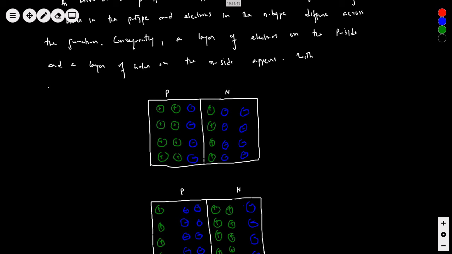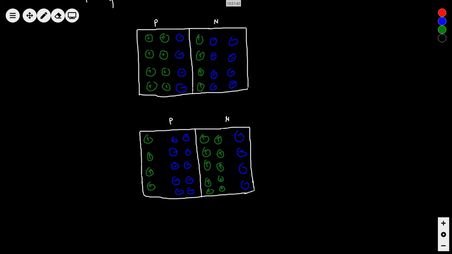But after a few layers of diffusion, we will see that there will be no current. After a few layers of diffusion, this current will stop. Why?